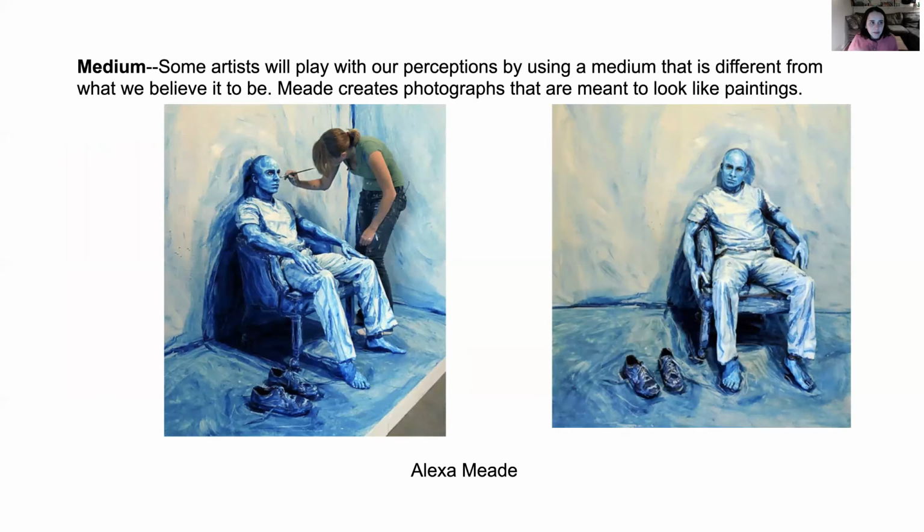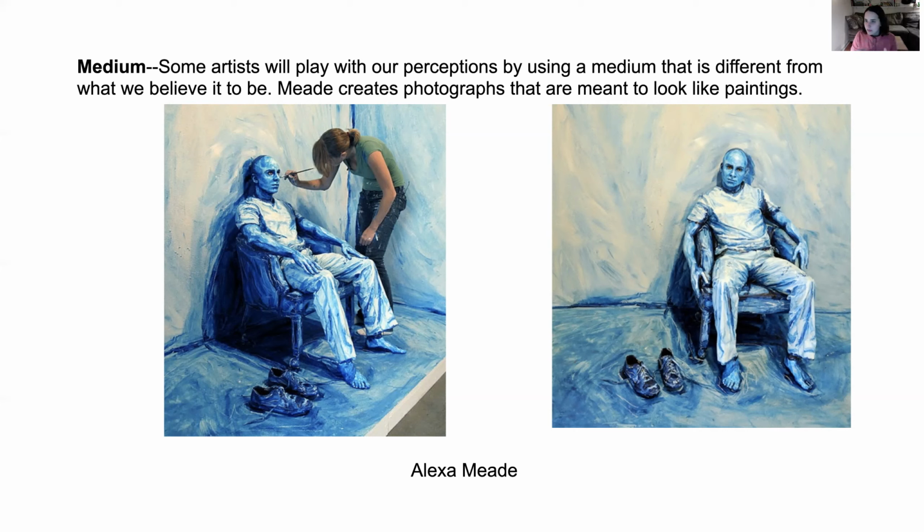To talk a little bit more about medium, sometimes medium can fool you depending on what it is. So this is an example of an artist, Alexa Mead, who makes images that look like they're paintings when in reality they are real life.